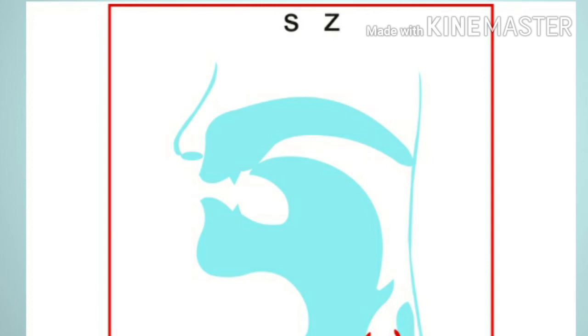There is a contact between the two, and a very narrow passage is left in between in order to release the pulmonic air coming from the lungs. You can notice it very easily. S, z, s, z. Through that narrow passage, the air coming from the lungs is released, and then we are in a position to pronounce these two fricative sounds, s and z.